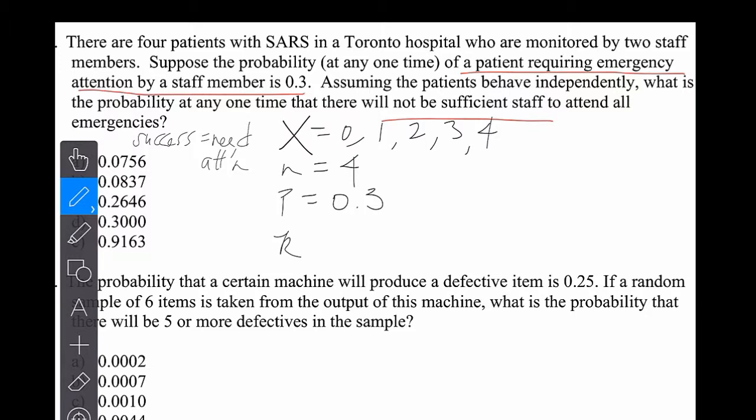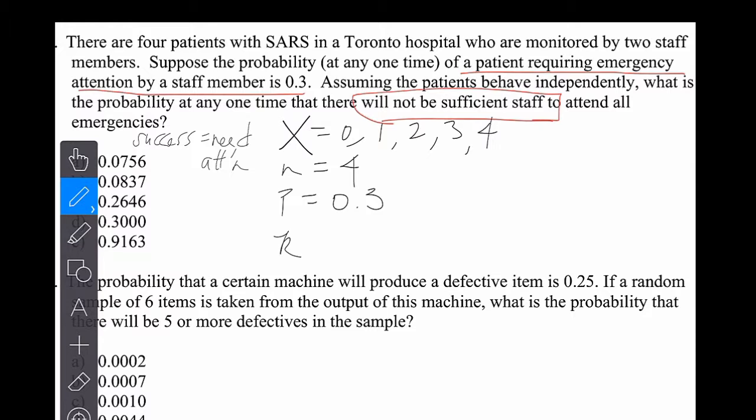So success is needing attention, which is a sad thing, but that's what we're looking at. Either none, 1, 2, 3, or 4 people need attention, and N is therefore 4. The chance of needing attention was given as 30%. And the K that we're interested in is that which answers will not be sufficient staff. So in what instance will there not be sufficient staff?